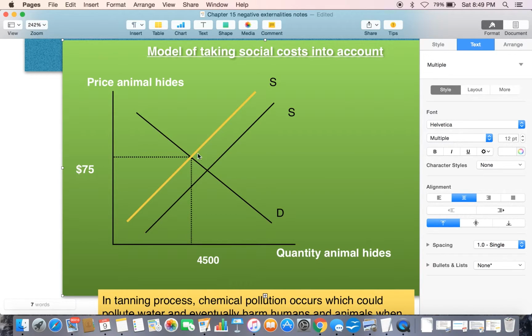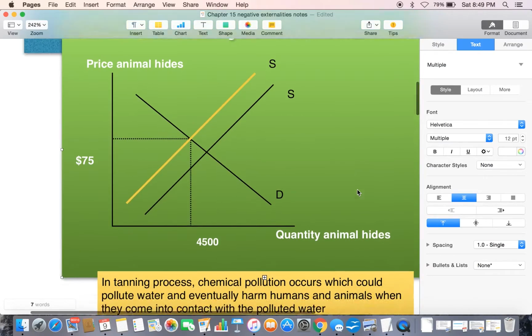It's one of our supply shifters, that there would now in equilibrium be, and this was previously 75, so the price would be greater than 75 and fewer than 4,500 units would be supplied and demanded. We would now have an efficient equilibrium, which removes the market failure of creating that negative externality.